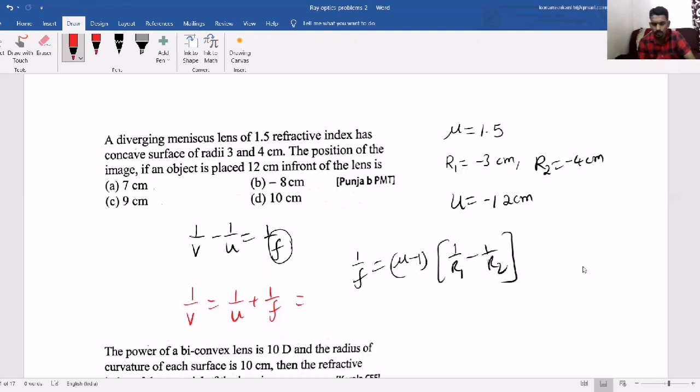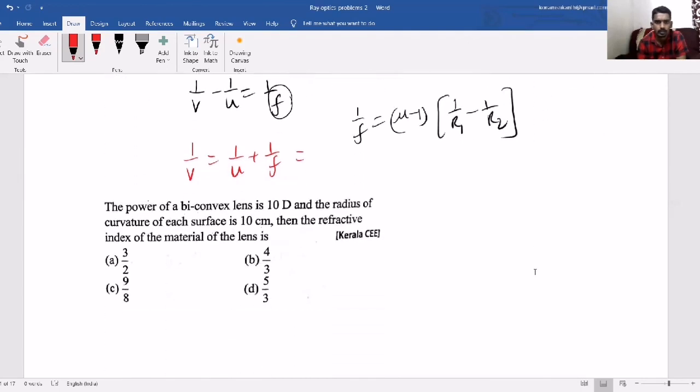This way the questions will be data based and formula based. But here two formulas are there: one is the lens maker's formula and another one is the focal length of a lens. So proper sign convention is also important. Take care of all those things.